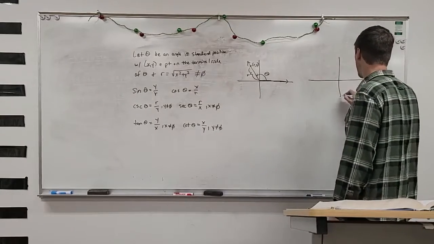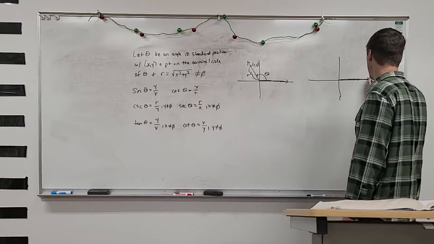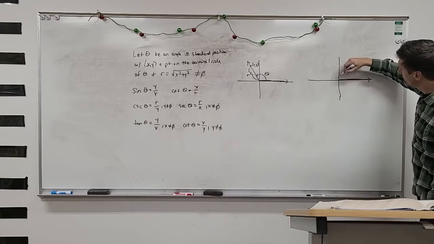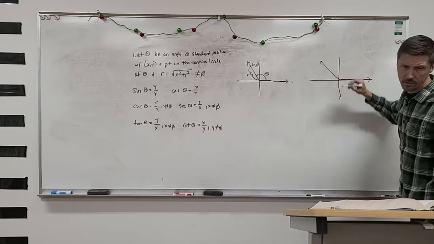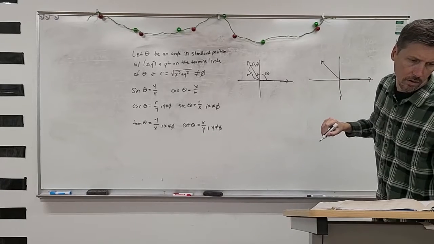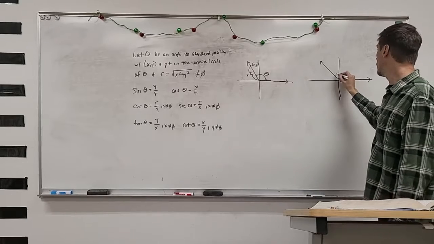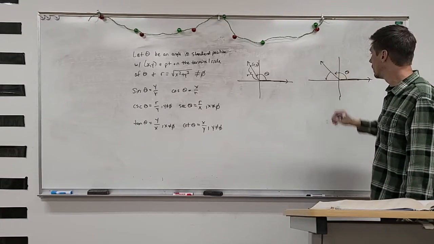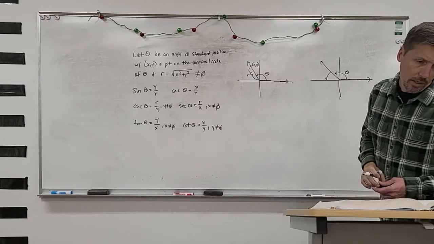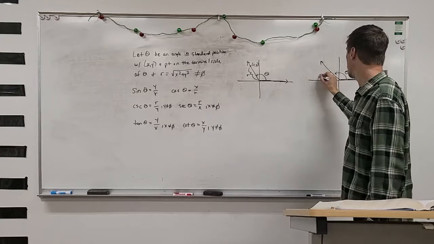When we talk about the reference angle, if we have an initial side here and a terminal side over here, and this is theta, then this angle here is our reference angle. And how do they list that? They list that as theta prime.